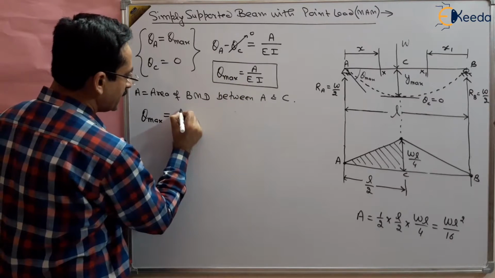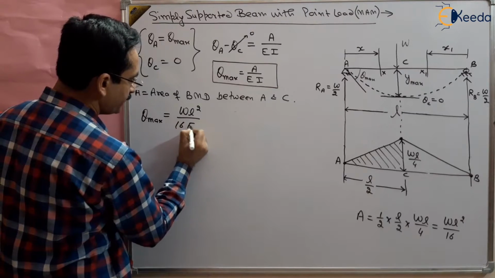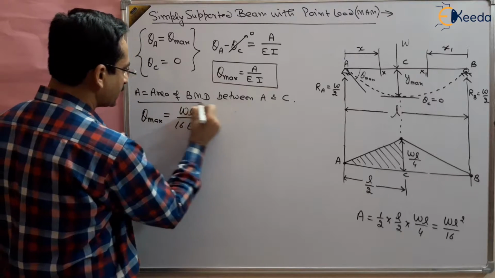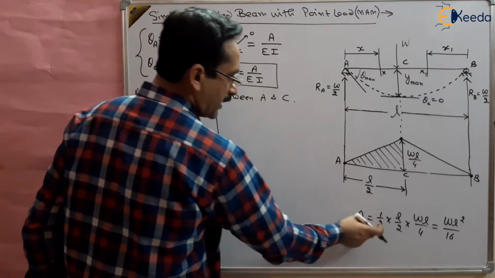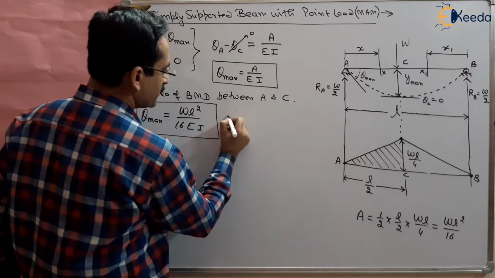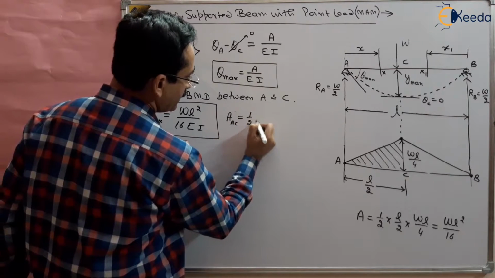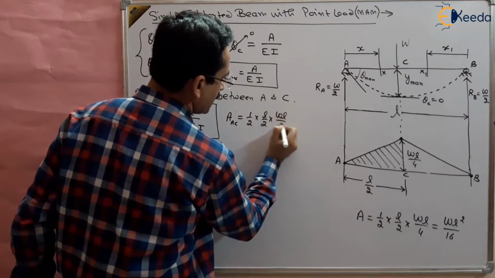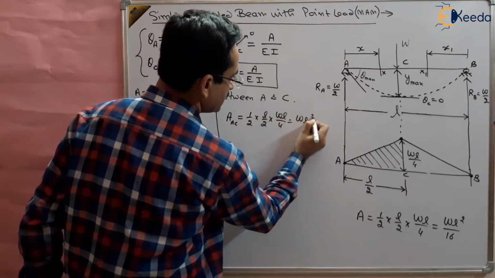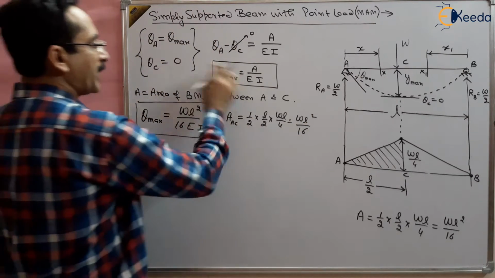So theta max will be area divided by EI, that is WL square by 16 EI. So this is the theta max, the maximum slope, because area is given by half into base into height. Using this area, we have found out the theta max.